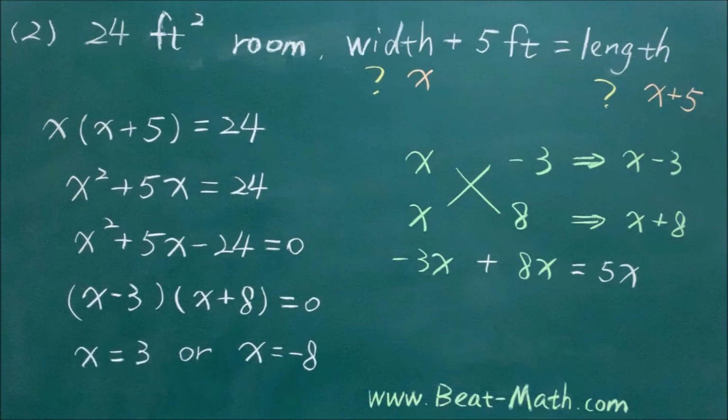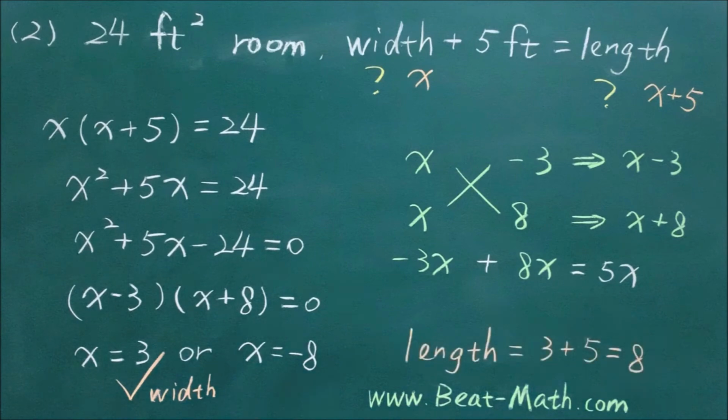But is this the final solution? No, because they already mentioned in the problem that x must be positive. So x equals 3 is the only solution of this problem, and the length is x plus 5 equals 8, so you're all done. Check the link in the video's description about the crossing method if you're not familiar with it.